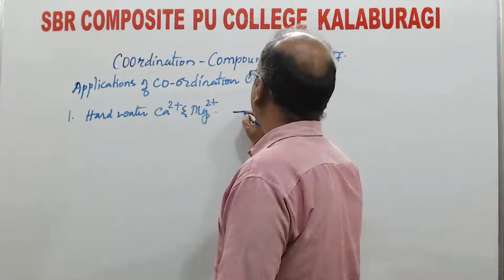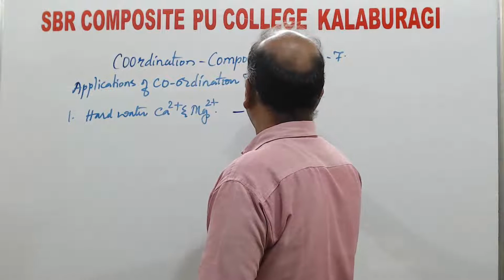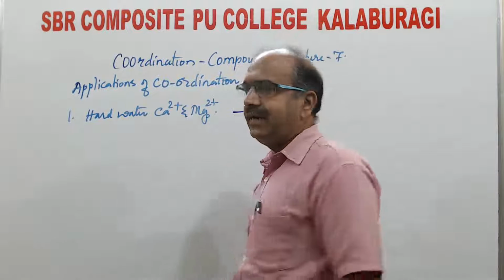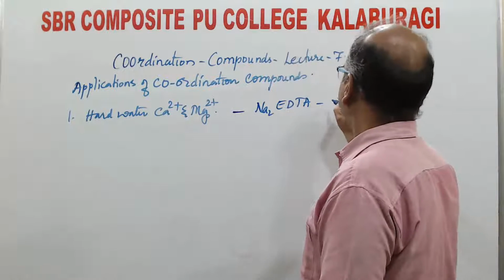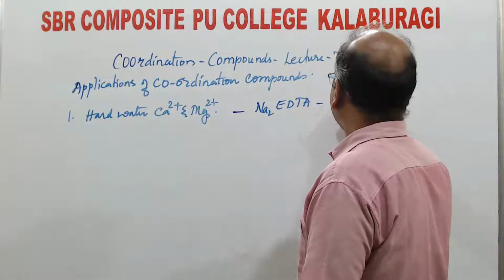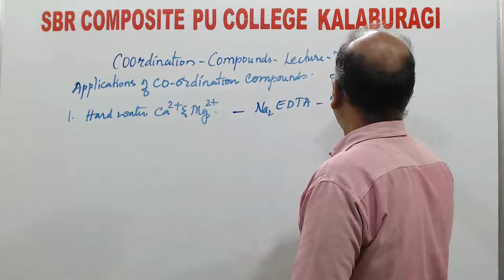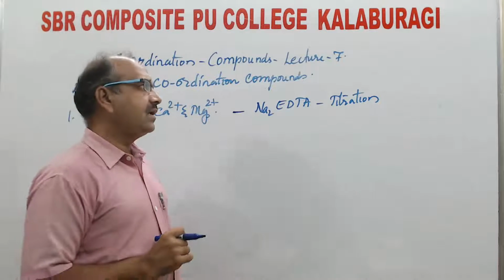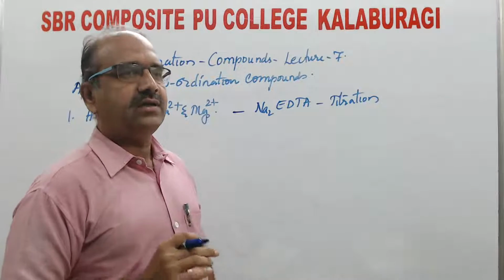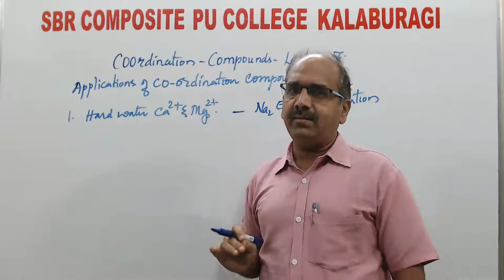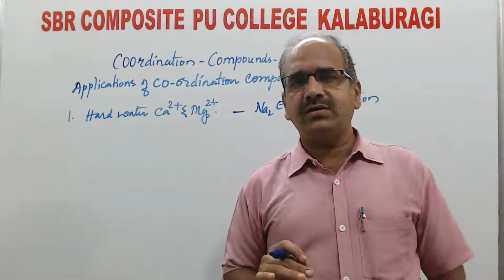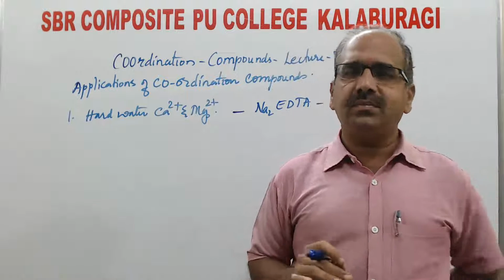So what you can use to check is sodium EDTA titration. What is that? EDTA is ethylene diamine tetraacetic acid. Sodium EDTA titration is done in a basic buffer medium around pH 10, using ammonium chloride and ammonium hydroxide to adjust the pH.